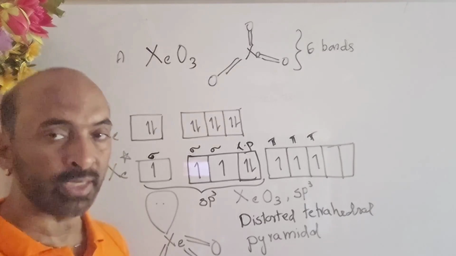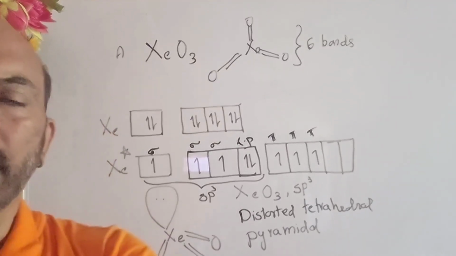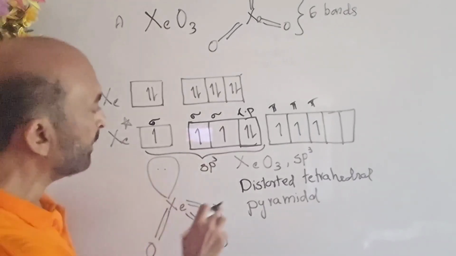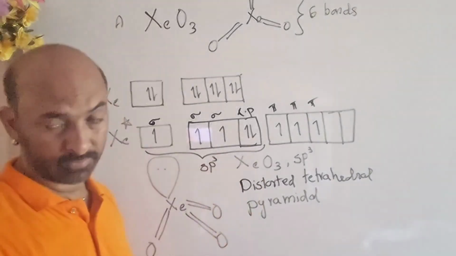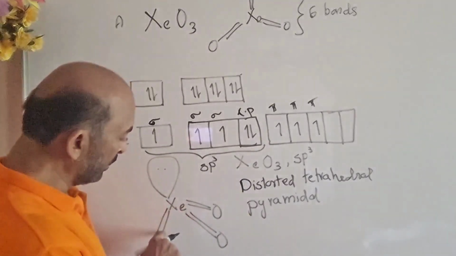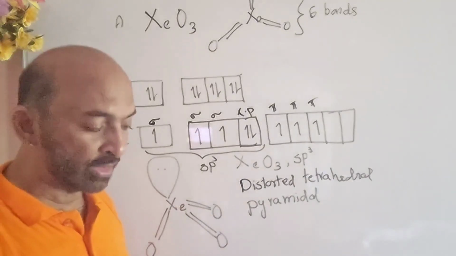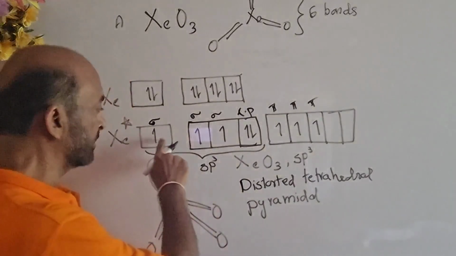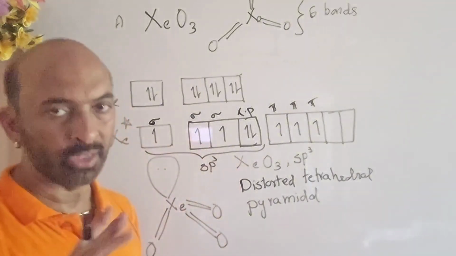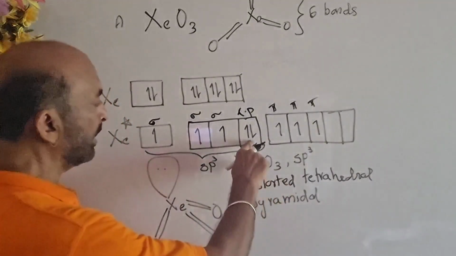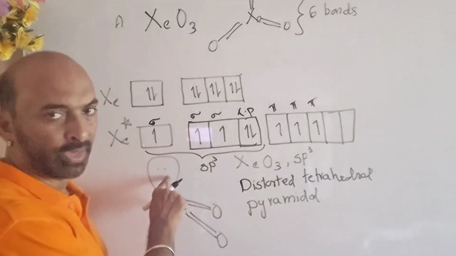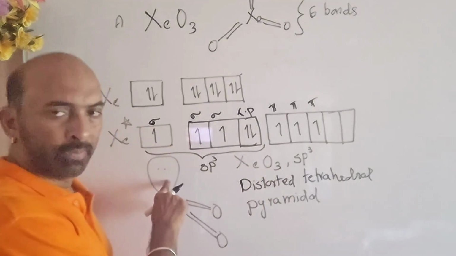And see, among these 4 tetrahedral orbitals, 3 will be used for sigma bonding with the oxygen. This will be forming 1 sigma bond, this will be forming 1 sigma bond, this will be forming 1 sigma bond, separately with the 3 oxygen atoms. And 1 will remain as a lone pair. 1 orbital will be having 1 lone pair, which is also hybridized.